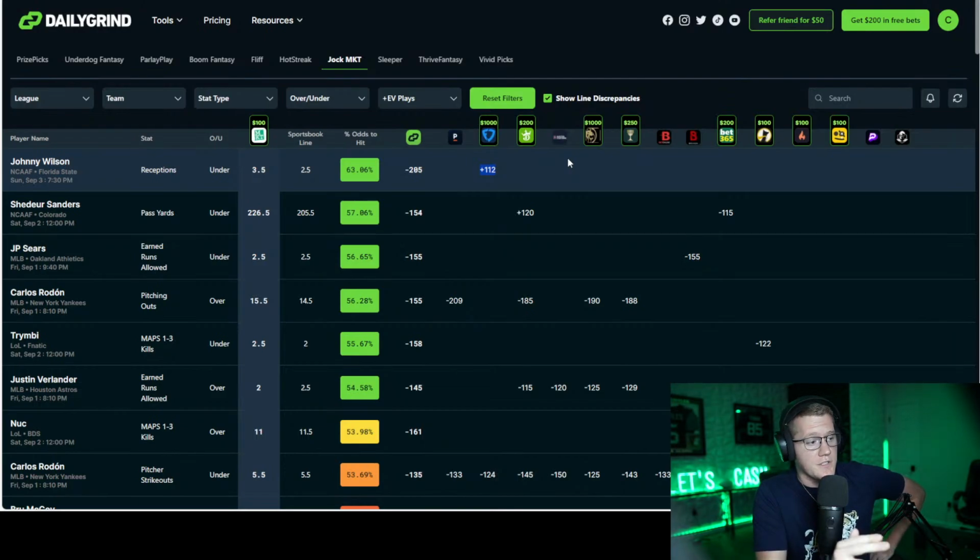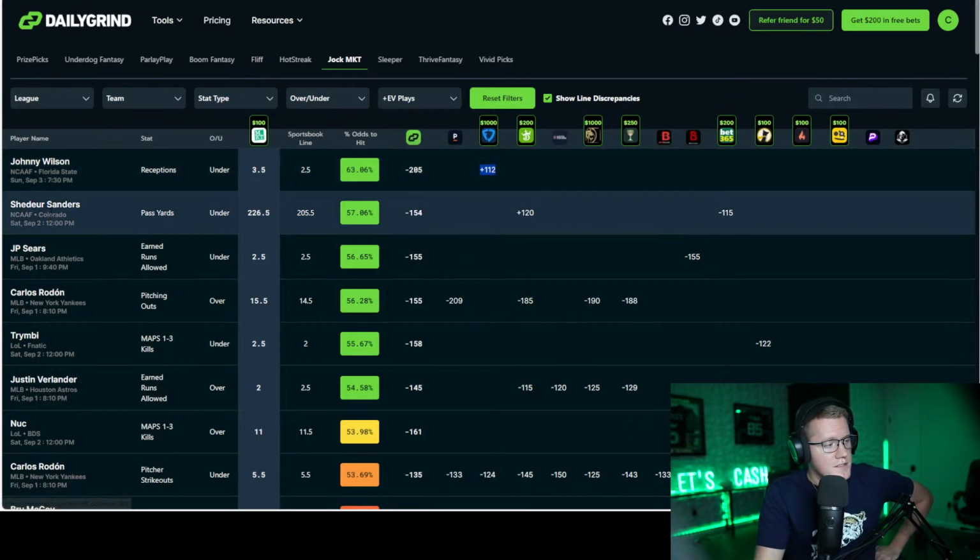But this is really good to understand how to observe specific player projections when you look at sportsbooks and then turn around and compare it to DFS apps. This exact example with Sanders is very weird, the way the market is adjusting to Sanders.